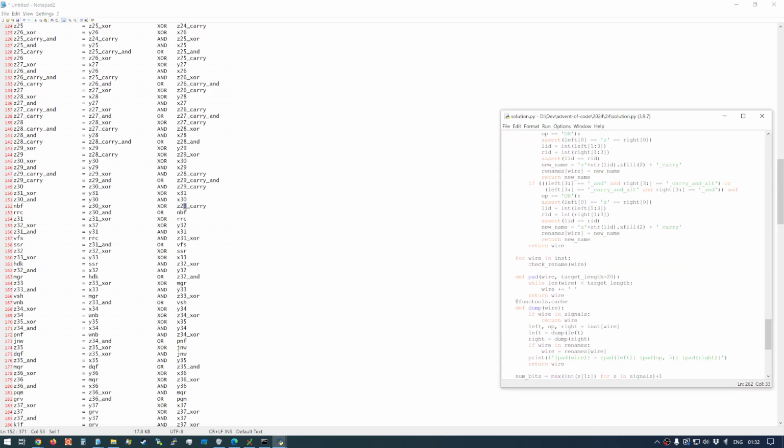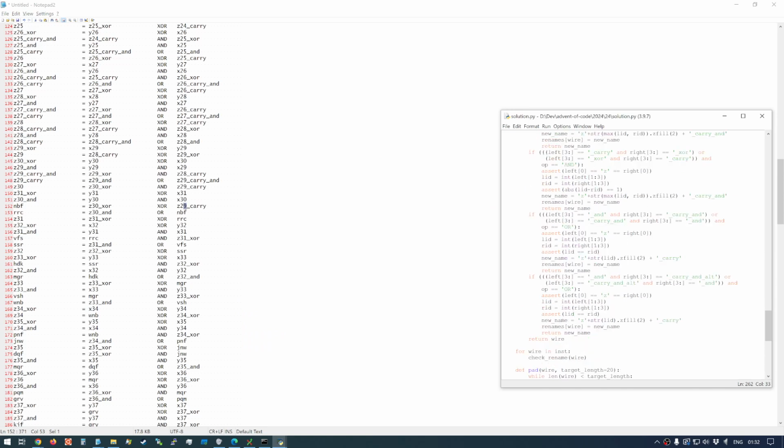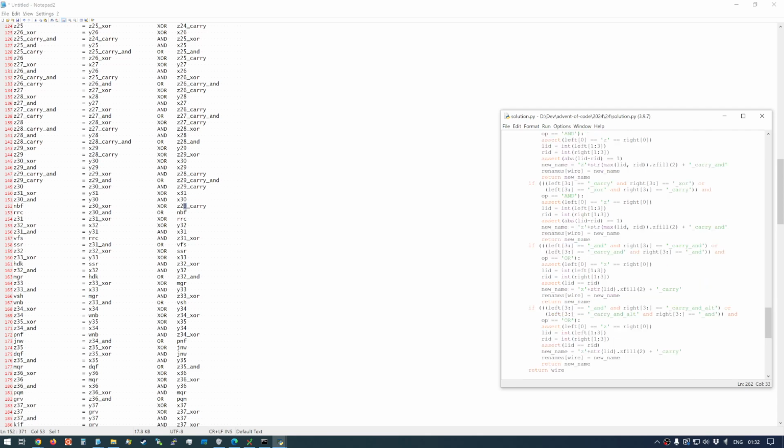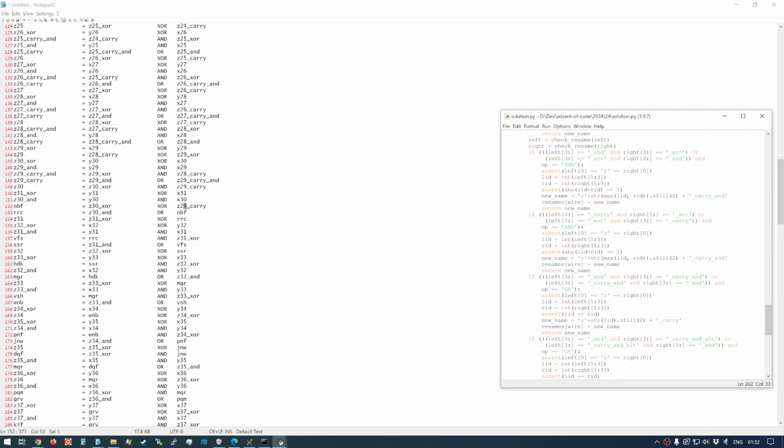Maybe this is just a new incarnation. Wait, is that right? That doesn't feel right. Wait, no, carry that. Yeah, you are supposed to be Z30, aren't you? You're supposed to be Z30.